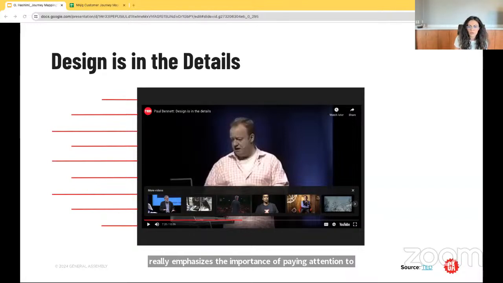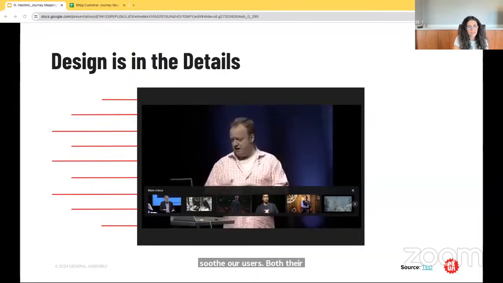So by observing the world around us and considering the human element, as in this example with the hospital patients, we can come up with innovative and effective design solutions that simultaneously soothe our users, both their latent and their overt needs.